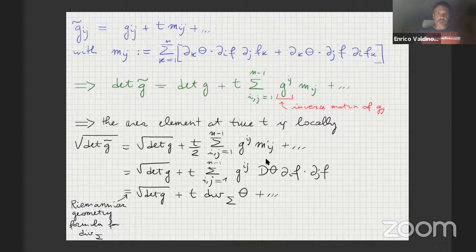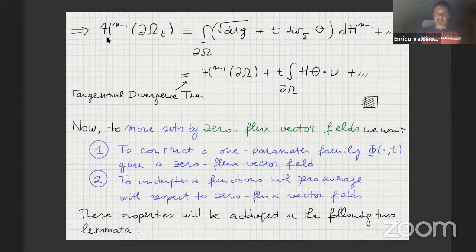Well, so you're pretty much done, because the area of the perturbed set is just at the first order the area of the original set, which is what we expect. Then we have a first order term, which is given by the tangential divergence. But now you use the tangential divergence theorem and you reduce it exactly to h times the velocity in the normal direction. So the external flux of h times the velocity. And so this proves this little lemma.